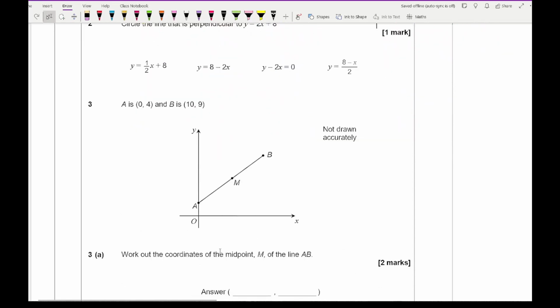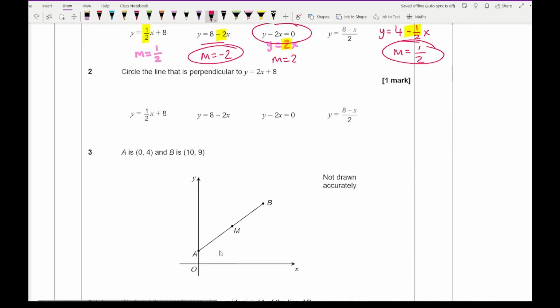For question 2, it says circle the line that is perpendicular to y equals 2x plus 8. So here m equals 2, so a perpendicular gradient would be minus a half. I'm looking for which one's got minus a half. One thing I spot is that all the equations of the lines are exactly the same as in question 1.